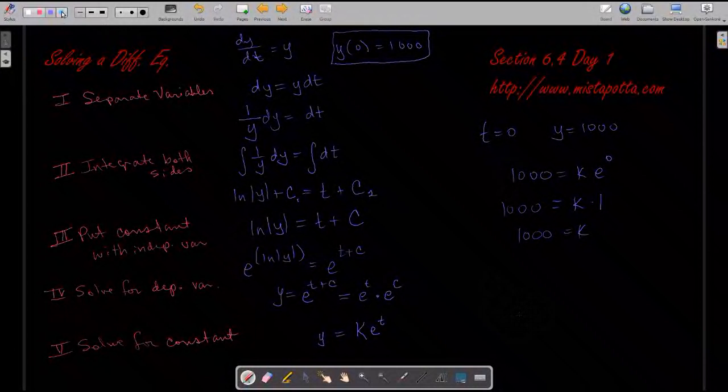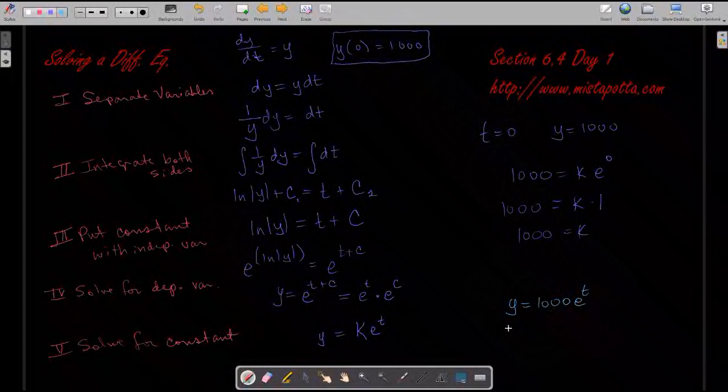So my solution to this differential equation is going to be y equals 1,000 e to the t power. This incorporates my constant. This incorporates my initial growth.